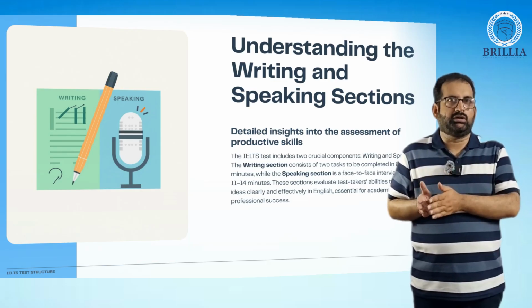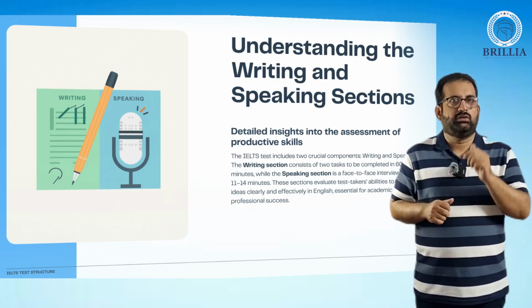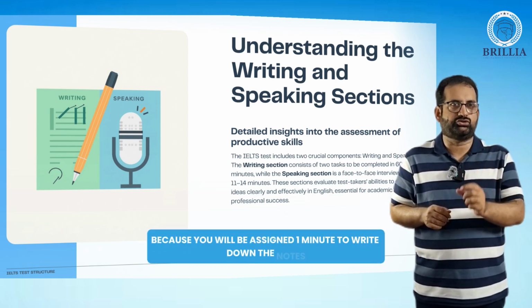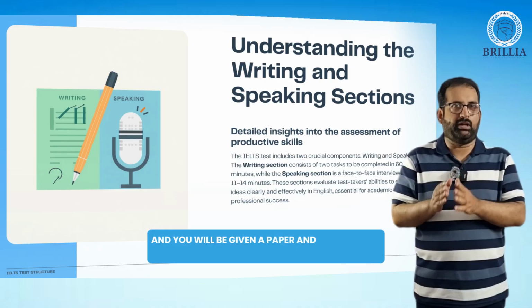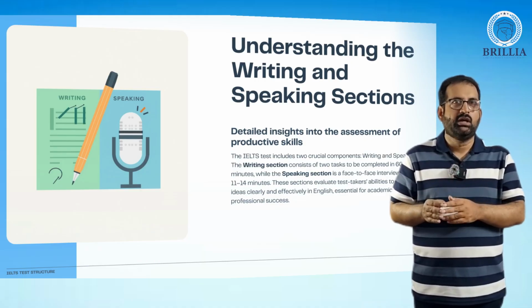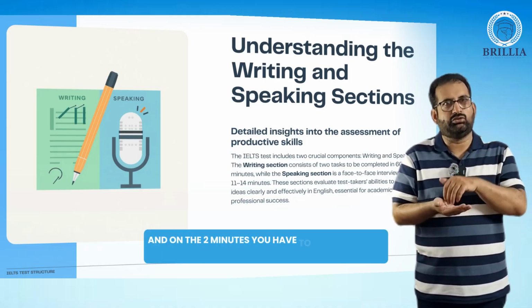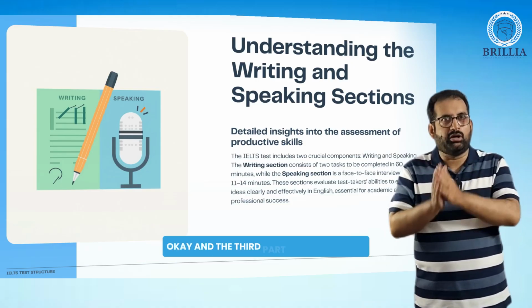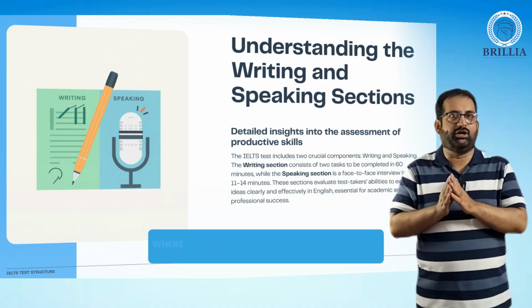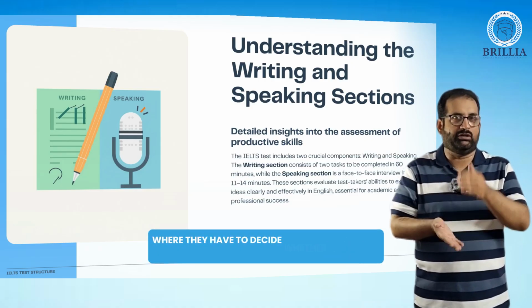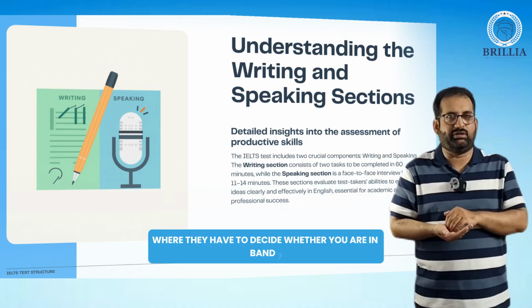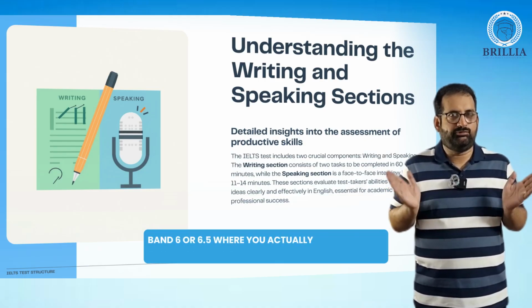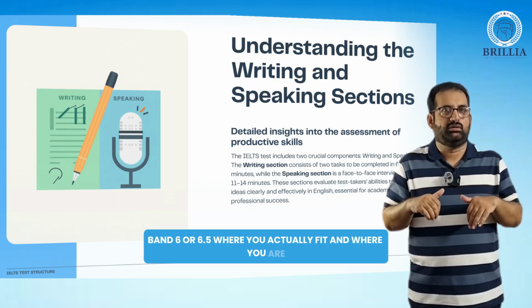But in the second part of speaking, don't worry at all, because you will be given 1 minute to write down notes, and you will be given a paper and pen to write down the notes on the given topic. And for 2 minutes, you have to speak on that topic. Okay, and the third part is quite decisive, where they decide whether you are in band 7, band 6, or 6.5, where you actually fit and where you are.